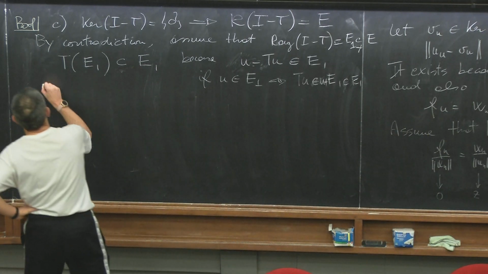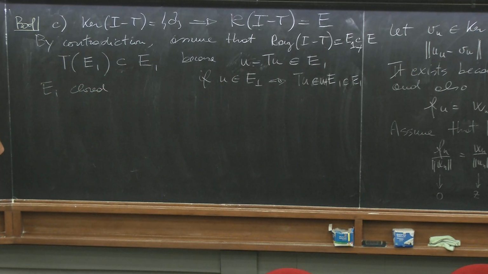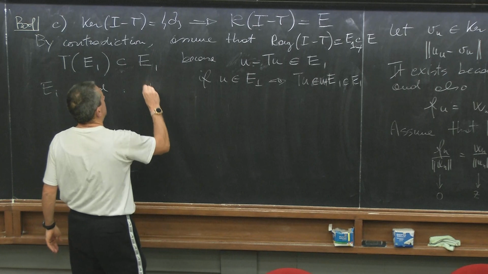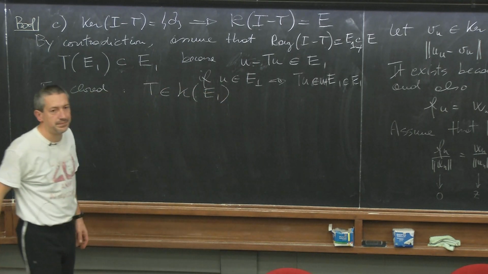But E1 is closed, so it means that T is a compact operator which maps E1 into itself, so I deduce that T belongs to the compact operators also on E1.